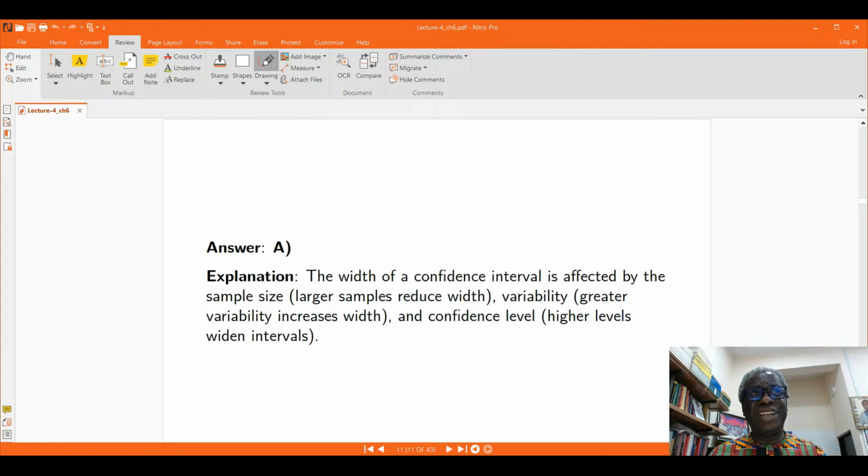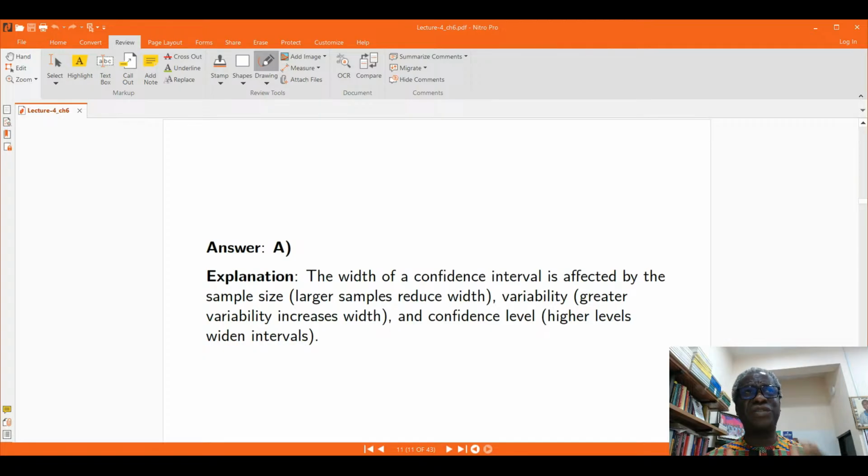The second is variability: if the variability of the estimator is large, then it will widen, it will increase the width. Another factor is the confidence level.